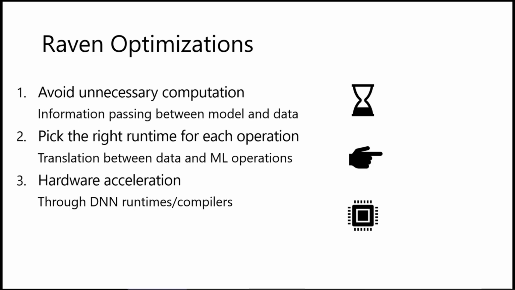And that leads to point three: learning where we can place these transformations, what sort of hardware to run them on, can also give us extra optimization. If we know the size of our data, and we know what type of models we have, and how that's linked to the query, we can figure out the best place to run this query and this model to get improved performance. So those are some of the ideas behind Raven.